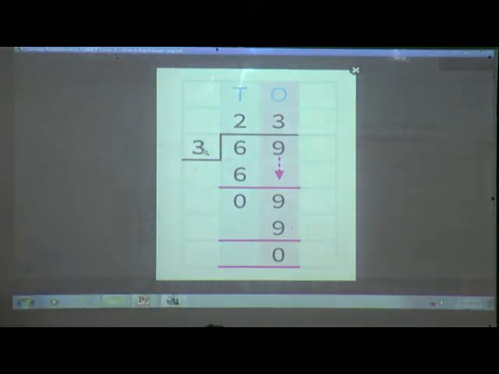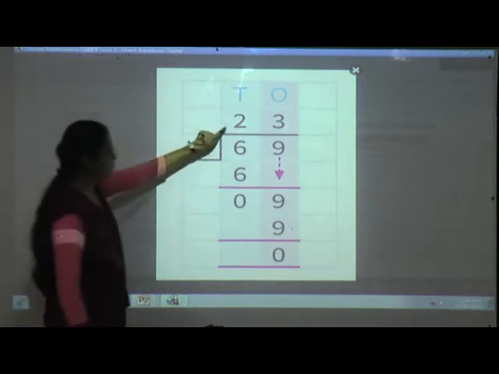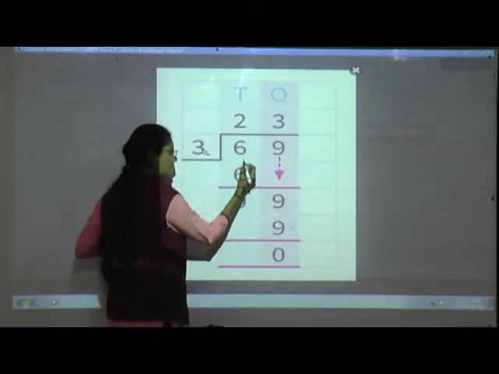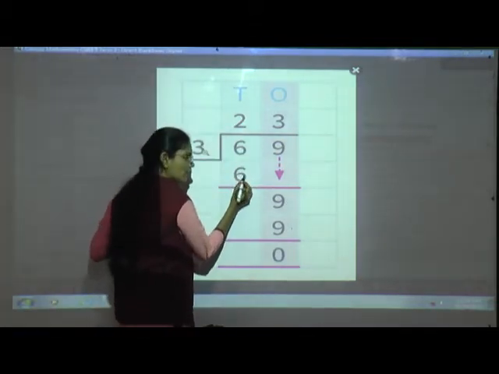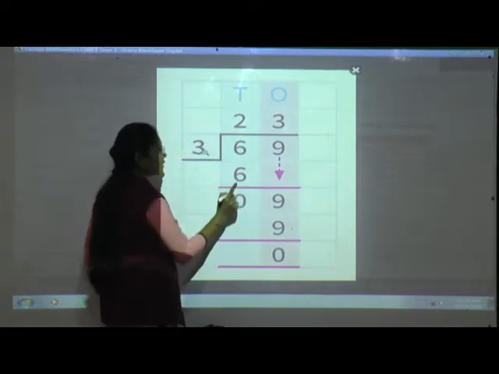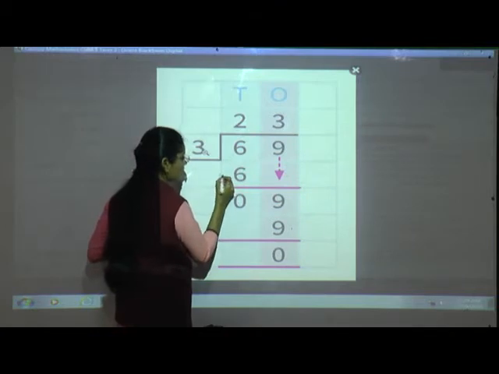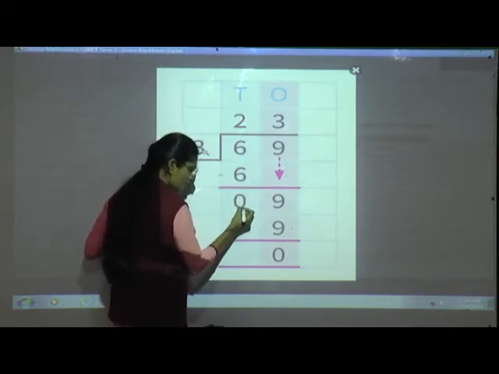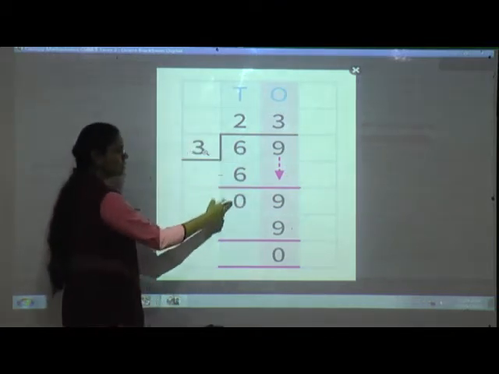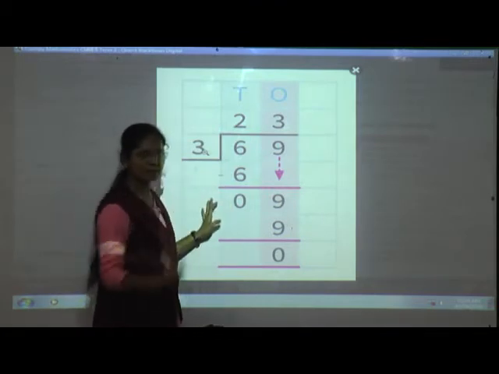Why? Because 3 2's are 6. Now below 6 we have to write 6, and then we do the subtraction, that is 6 minus 6, 0. This is the first step.